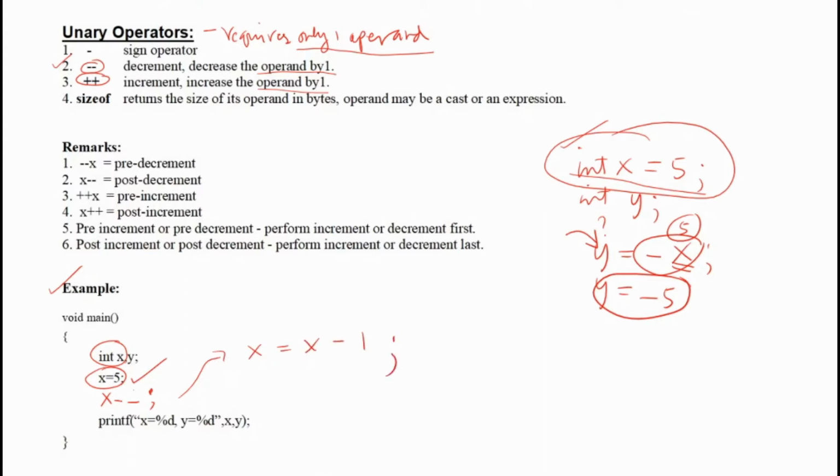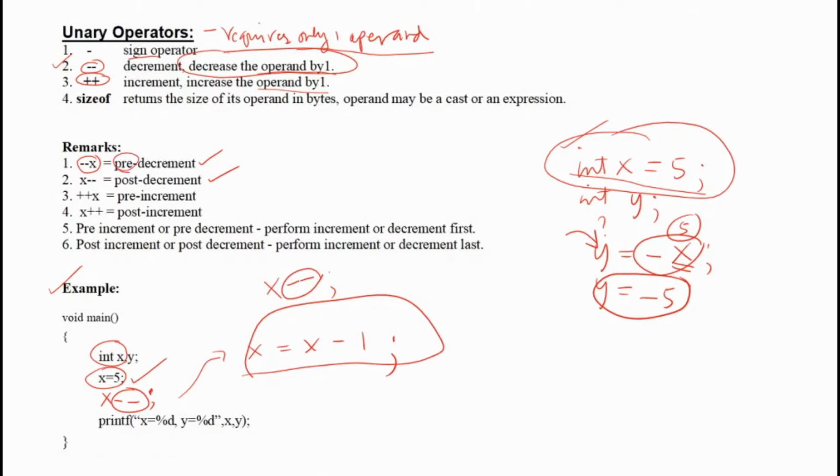Okay, so this is a valid statement, which is equivalent to x gets x minus 1. Remember, the decrement operator is to decrease the operand by 1. So it is equivalent to this one. Since the operator is right after the operand, we call it post-decrement. If it is before the operand, like in this case, we call it pre-decrement.